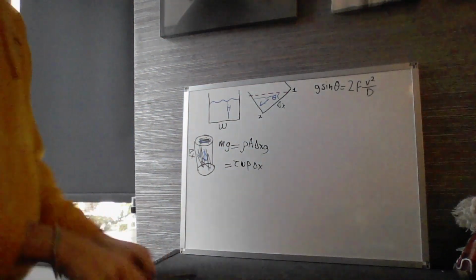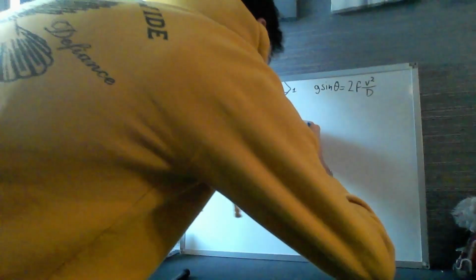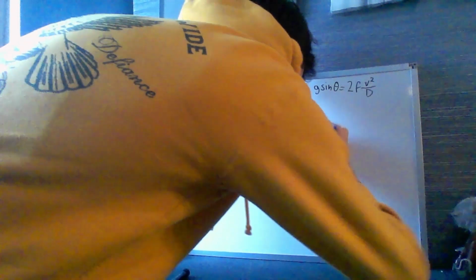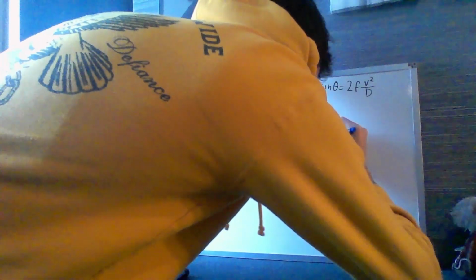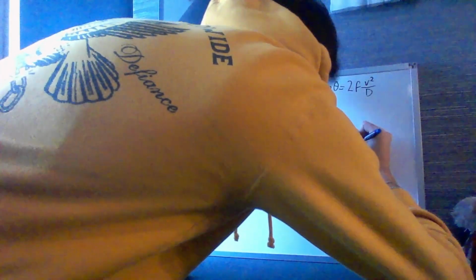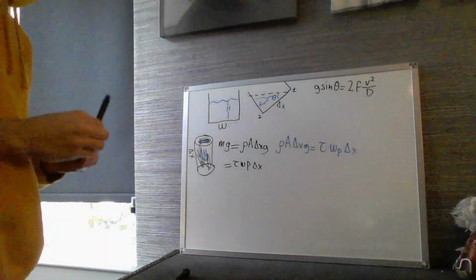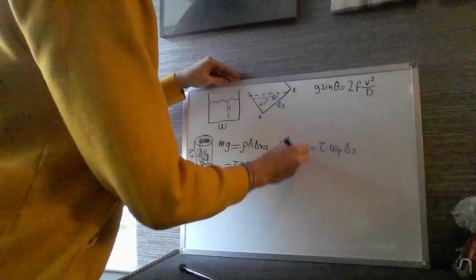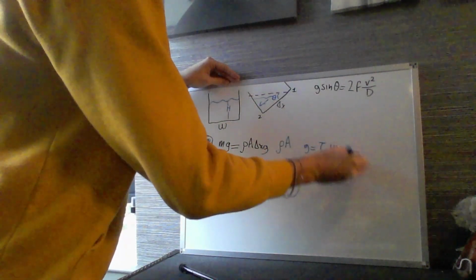So we can rewrite this expression as rho A delta x g is equal to tau multiplied by wetted perimeter multiplied by delta x. As you can see, we can rewrite this a little bit easier. We can get rid of these delta x's, of course. Start off with that.